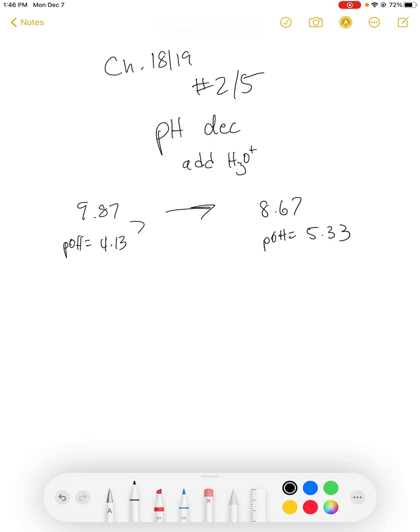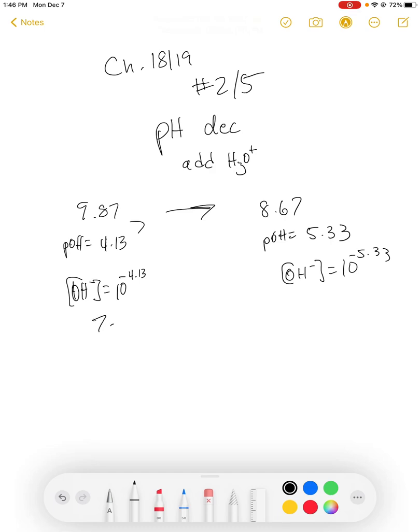Okay, so if the pOH is 4.13, then the OH concentration is 10 to the minus 4.13. Likewise, over here, and you know how to do that in your calculator.